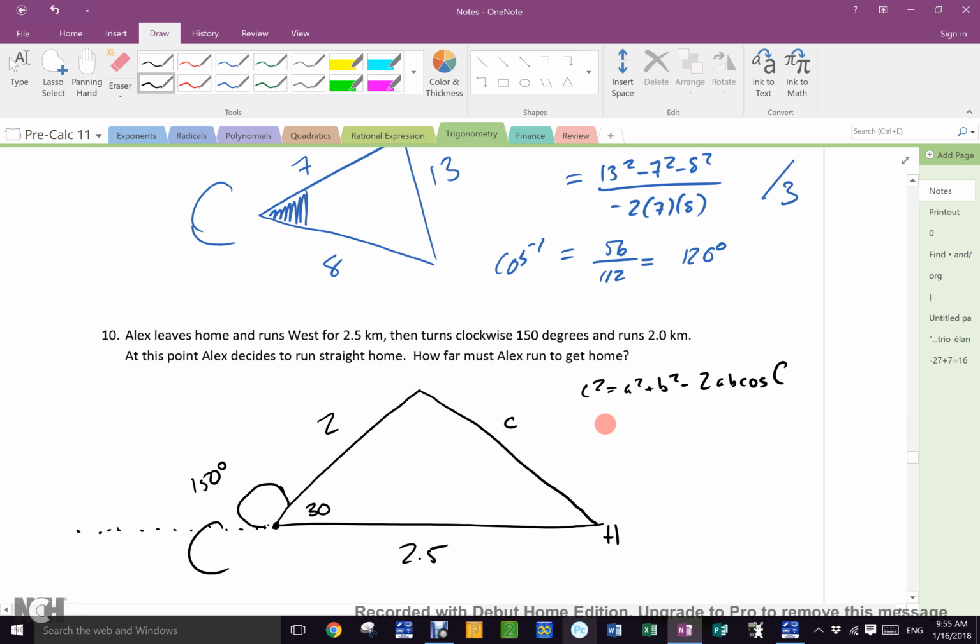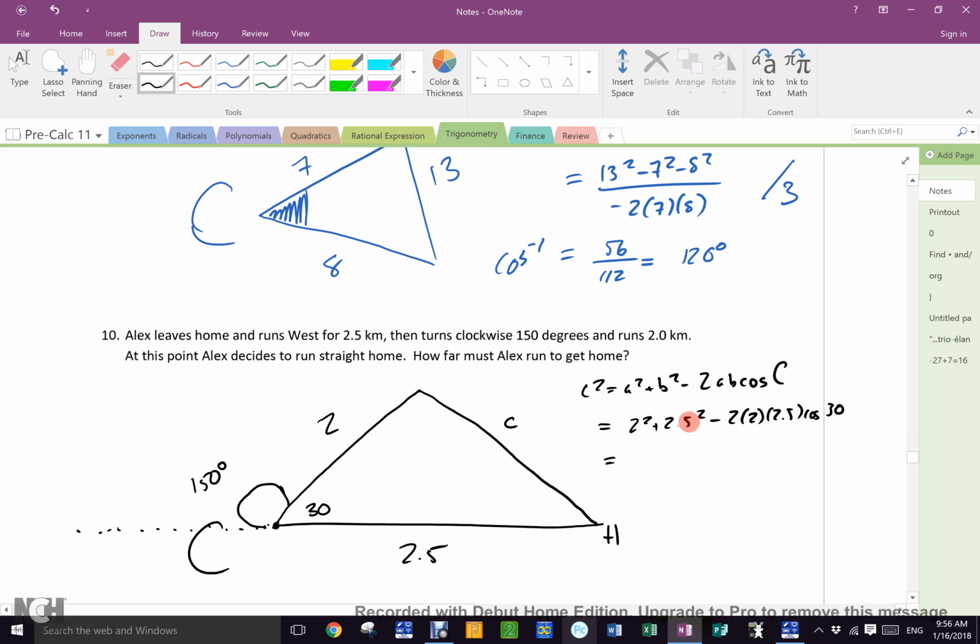And what do we get for an answer? Nobody did this one because directions are hard. 2 squared plus 2.5 squared minus 2 times 2 times 2.5 times cos 30.